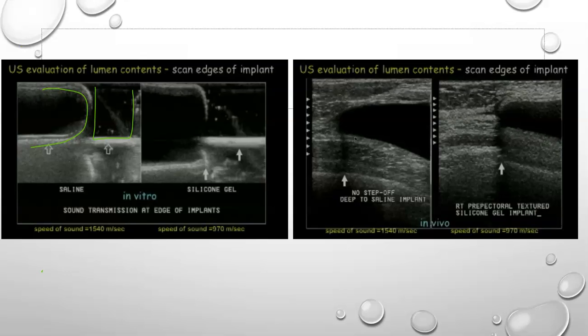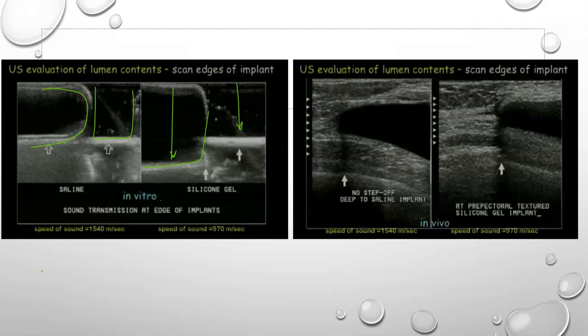Yeah, in vivo is in the human, in vitro is in a dish. But when we put in silicone gel, we can see the difference in the speed of the flow. So we see that in this case it's moving much faster than in this case.